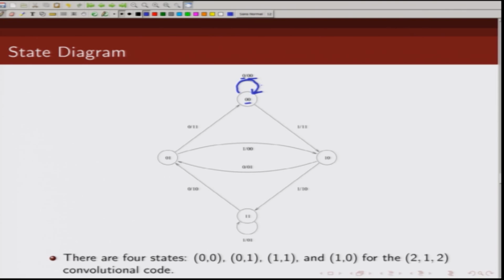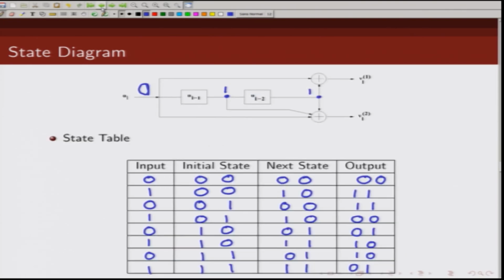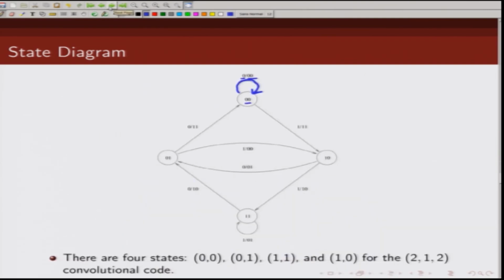Now, what happens when you are in 0 0 state and you receive a 1? If you are in 0 0 state and you receive a 1, you move to next state 1 0, and the output is 1 1. So, when you get a 1, you move to next state, which is 1 0, and the output is 1 1. So, note how I am writing this state transition graphically.